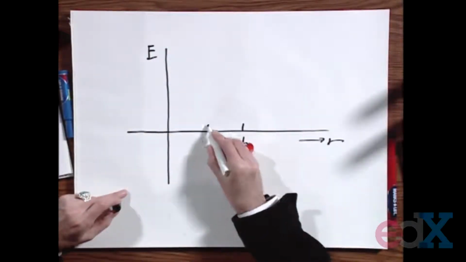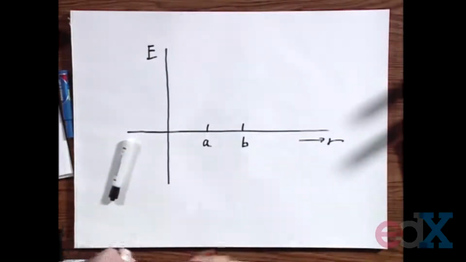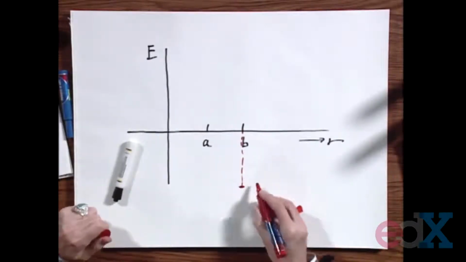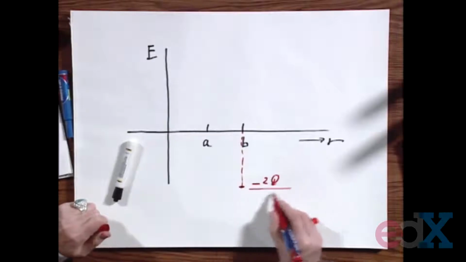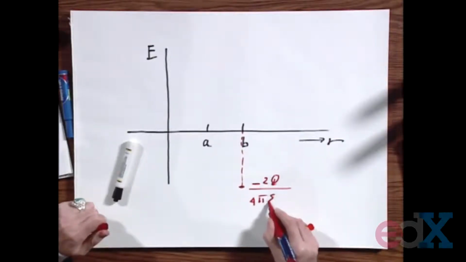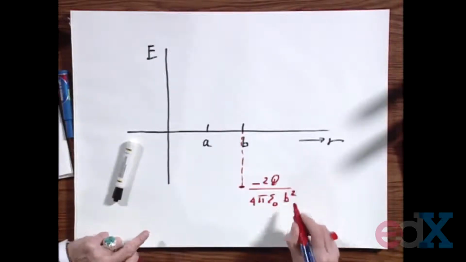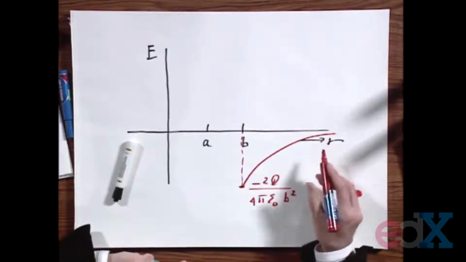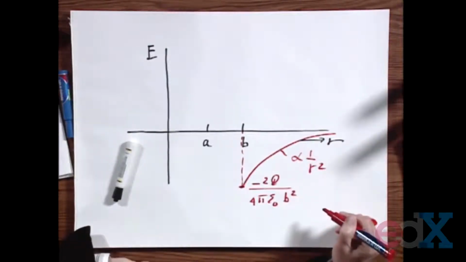Here is location B, and here is location A. So we know that right here we have an electric field which is minus 2Q divided by 4 pi epsilon 0 r squared, where r squared becomes b squared because I'm at the location B, and then it falls off to 0 proportional to 1 over r squared.